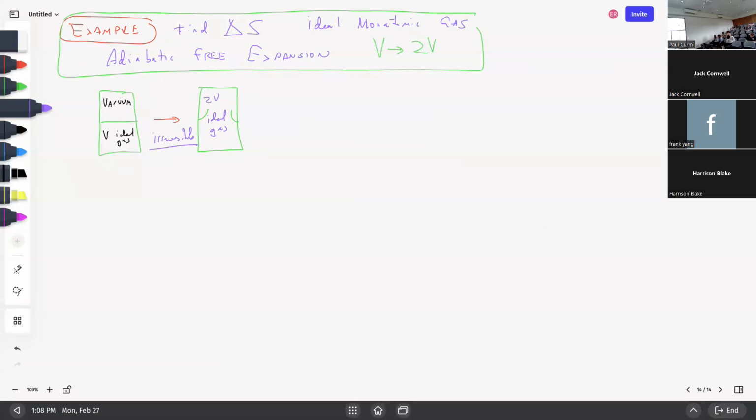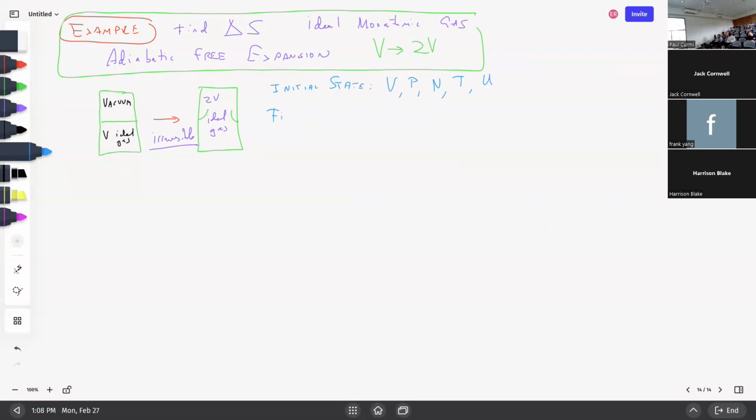So, what do I know about this? Initial state. I don't know anything really, but I can say that you're going to have some volume, some pressure, some number of particles, some temperature, some energy.